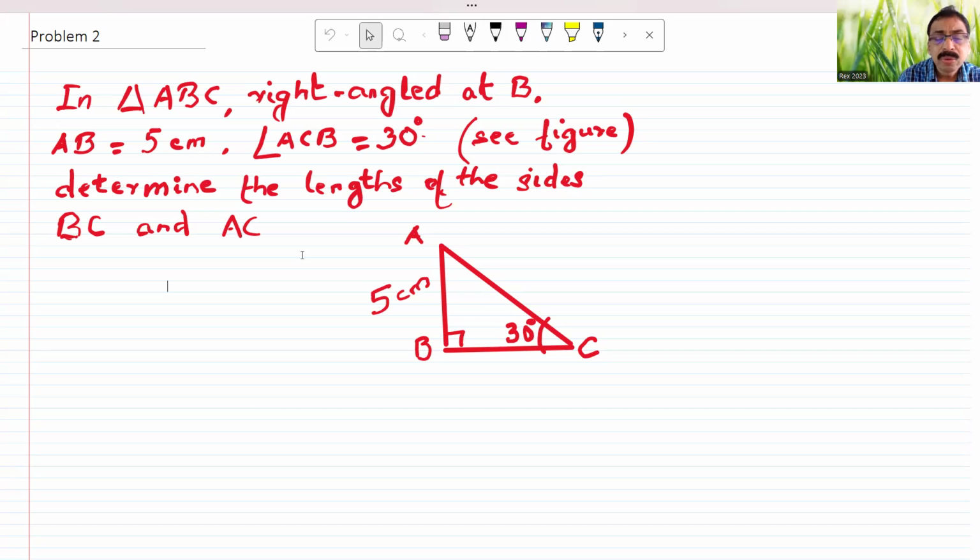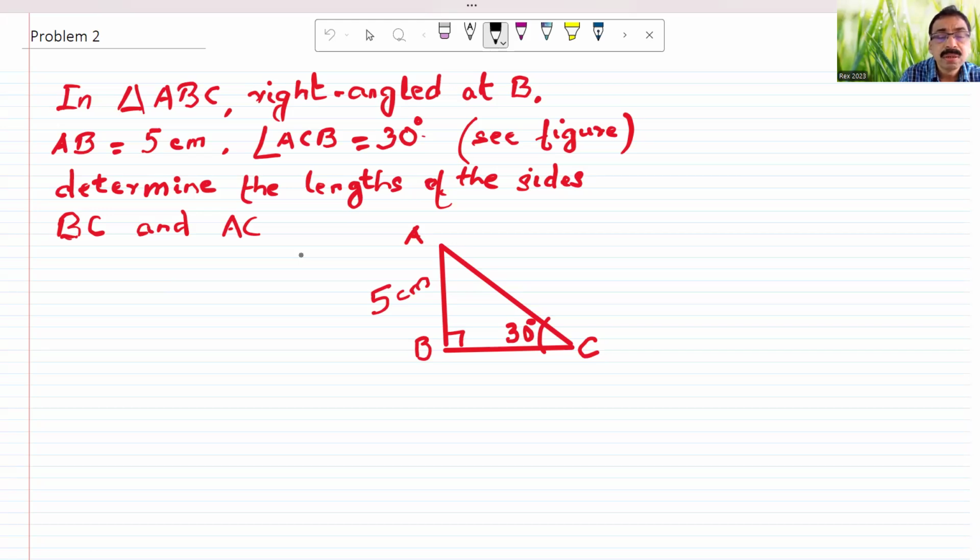if you look at the 30 degrees, 30 degrees is given, and 5 centimeter or AB is the side opposite to 30 degrees, right? So we have 30 degrees and one side that is opposite to it.